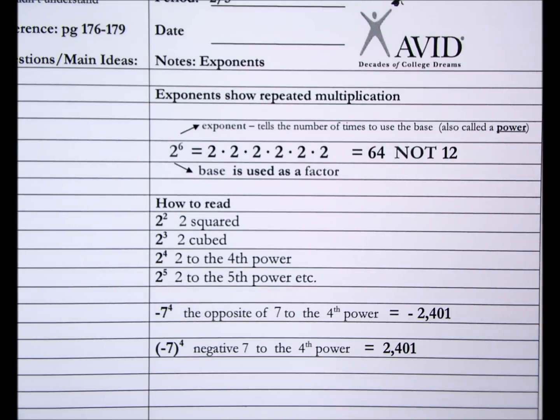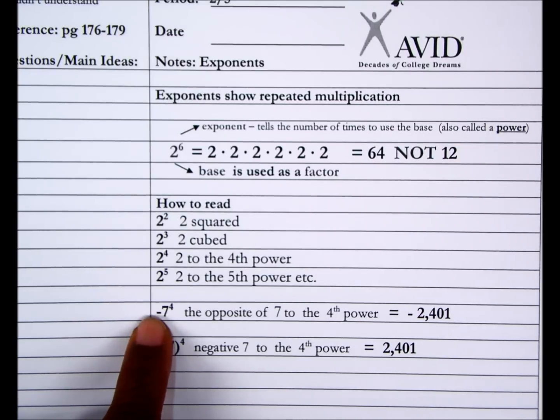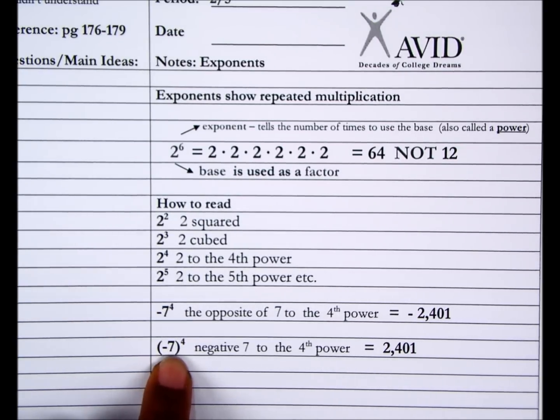Since that turns out to be an even number, negative 7 times negative 7 would be a positive, and then a positive times a negative would be a negative, and then again we're back to multiplying by a negative, so 2 negatives together again would be a positive. So we're at 2,401. This is an important thing to remember: the opposite of 7 to the 4th power versus negative 7 to the 4th power.